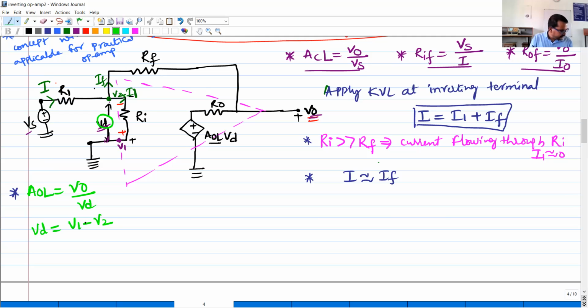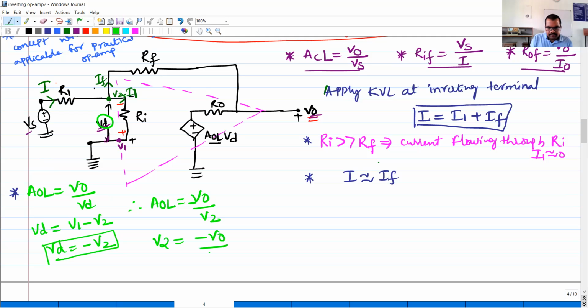Here V1 is 0, so VD is equal to minus V2. Remember this. Therefore, AOL is equal to V0 by minus V2, so it becomes minus V0 by V2. Remember this point. So V2 can be written as V2 is equal to minus V0 by AOL.